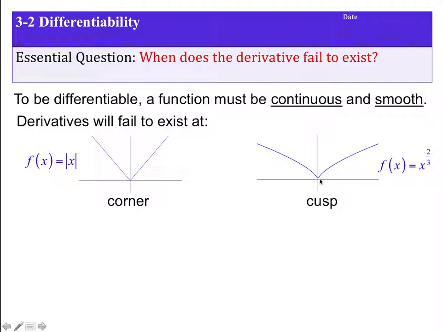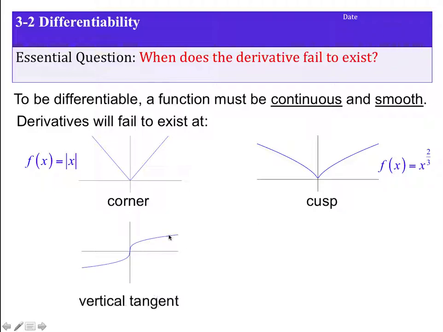And so again, we have two different slopes coming together. So this would be a point of non-differentiability. In other words, a point where we cannot define the derivative. But since we come together with a curve instead of a line, we call that a cusp. So the distinguishing terminology here is, if I have two lines coming together, we call it a corner. If I have a curve, then we have a cusp.